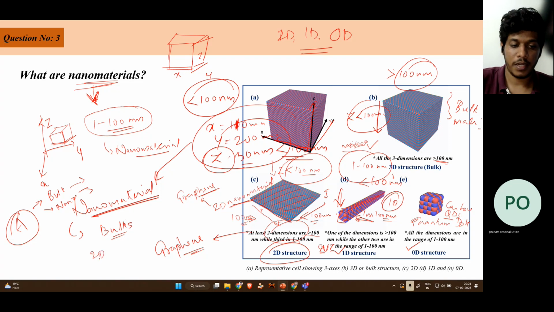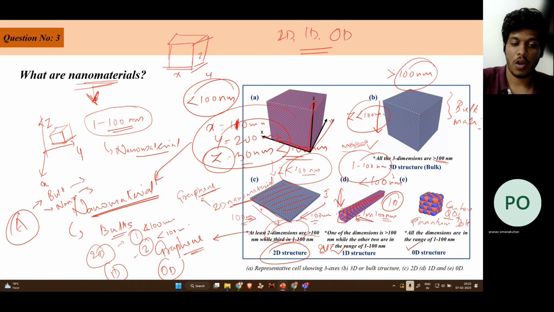So in a 2D material, we can say that one of its sides has a dimension less than 100 nanometers. In a 1D material, two dimensions are less than 100 nanometers.